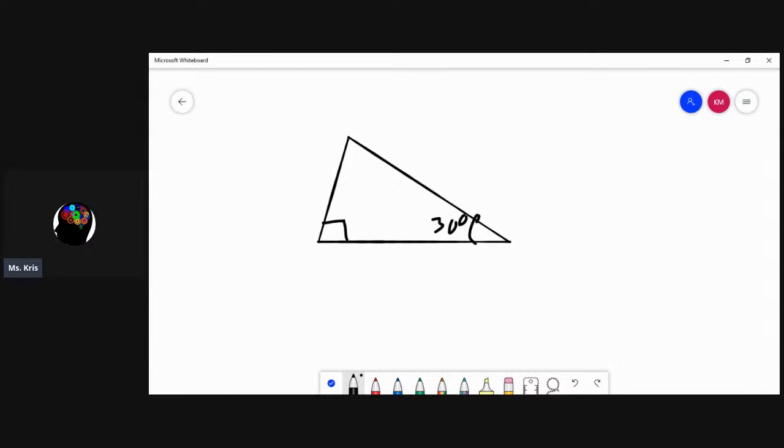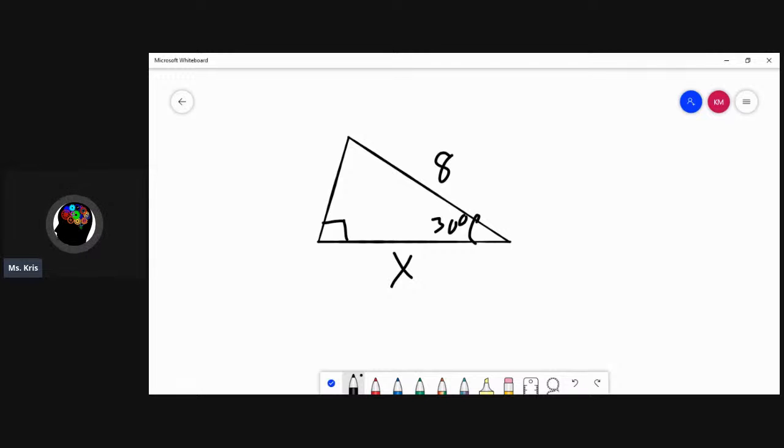Now, with that measure of 30 degrees, I have the cosine or the secant of this angle. Okay. The hypotenuse, which of course is opposite of my right angle, is 8. And what I'm trying to find is x.